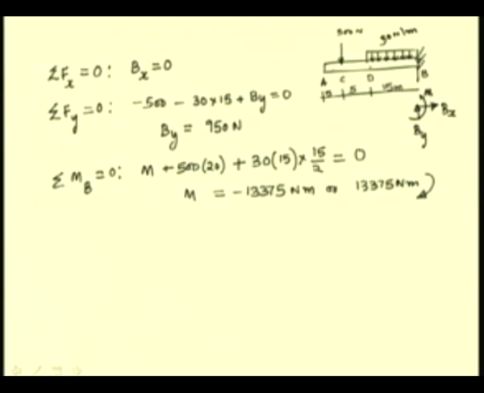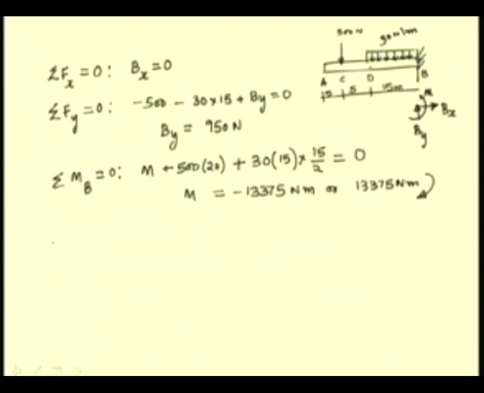So, here we see for this case that AC, CD and DB are portions where the loading behavior is consistent for drawing the shear force and bending moment diagrams.